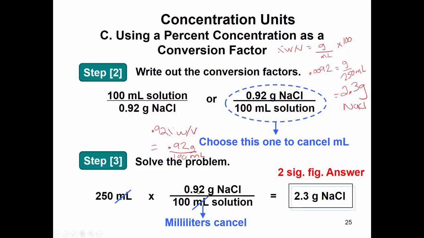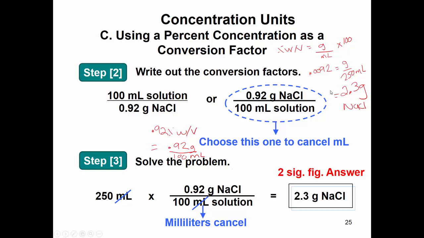The way I look at it also is that I know 0.92% is out of 100, so I go ahead and write out my formula. I know that it was weight volume because that was given in the problem, and I just account for that 100 because that's a percentage. So I move my decimal place 2 places over, because when you divide by 100, you move the decimal place over twice.